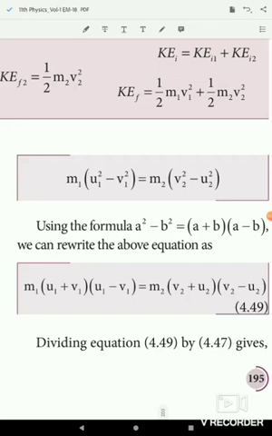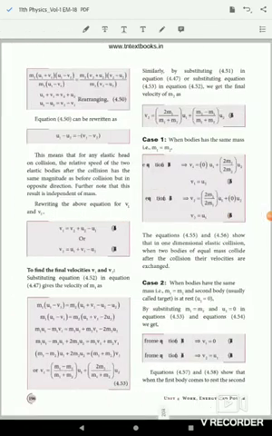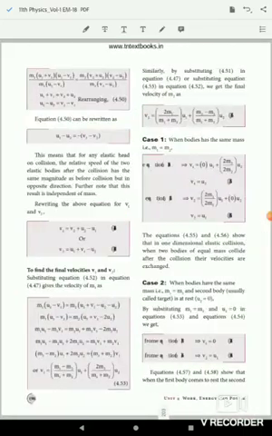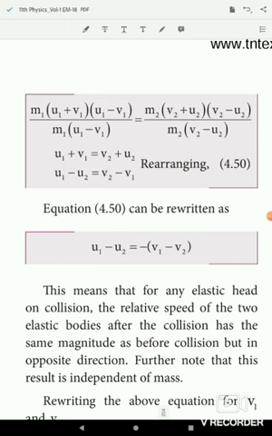Then divide this equation by the momentum equation. The m1 (u1 minus v1) and m2 (v2 minus u2) terms cancel each other, so you get u1 plus v1 equal to v2 plus u2. So u1 minus u2 equal to v2 minus v1.